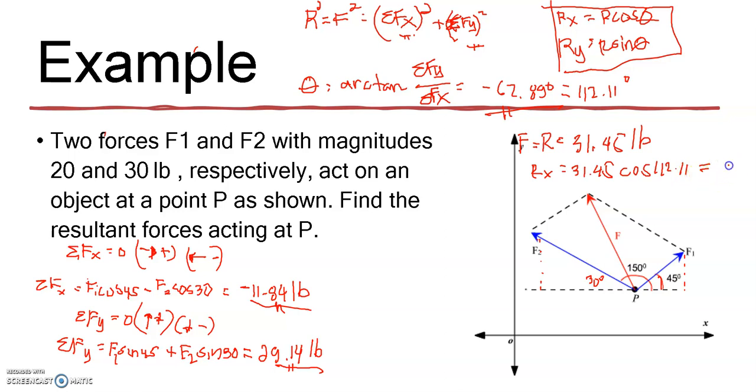The answer is negative 11.54, the same as what we obtained a while ago, meaning our answer is correct. And Ry is equivalent to R, which is 31.45, times sine of 112.11. The answer is 29.4. Same. Meaning, what we have obtained a while ago is correct.